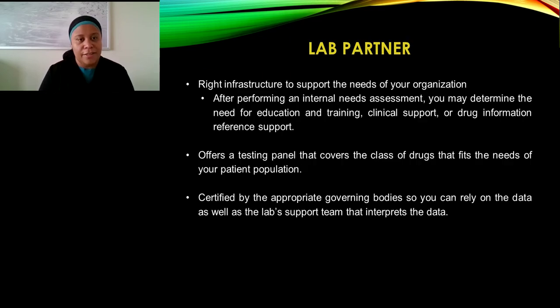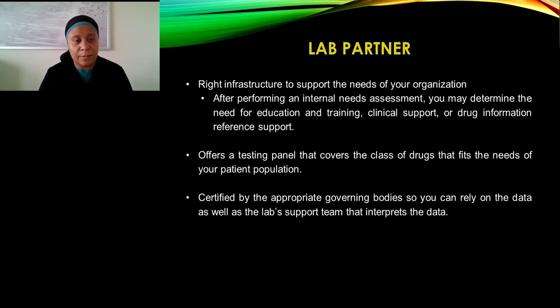So in order to offer this, you have to have the lab partner. And there are many labs out there that do it. The most important thing is to look at what your organization is looking for in terms of infrastructure. There are some health systems that already have genetic experts. So all they need is a lab that can process.